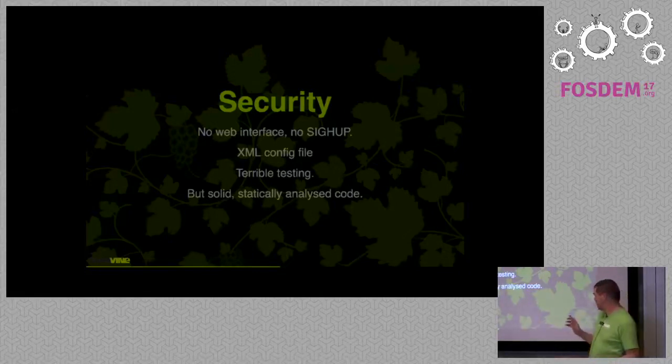It does have pretty terrible testing, I will admit that. If any of you are Google Summer of Code students, I would love to see some approaches to a test framework for this. On the other hand, the code is very carefully statically analyzed, and it's exploratory tested fairly well.